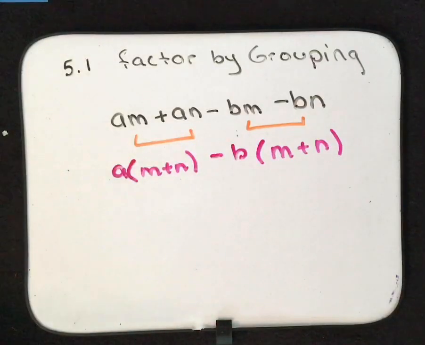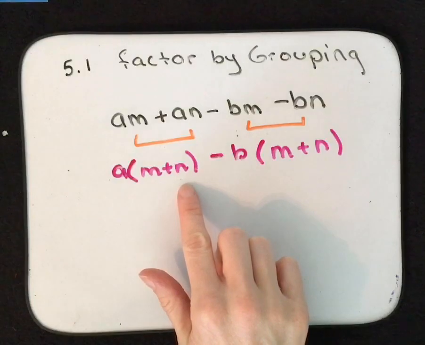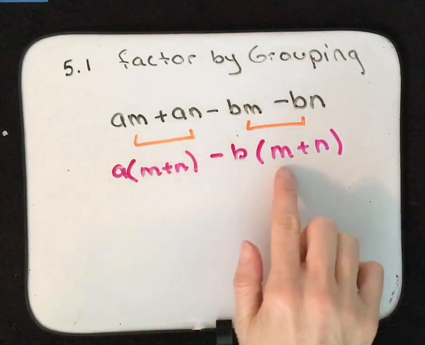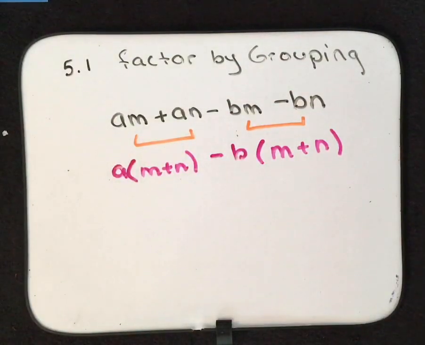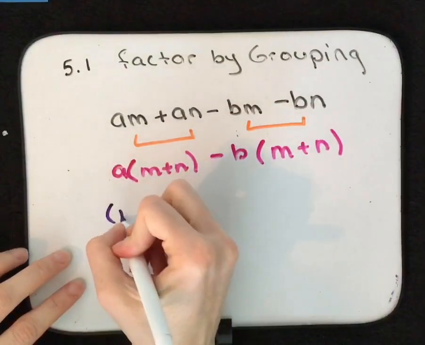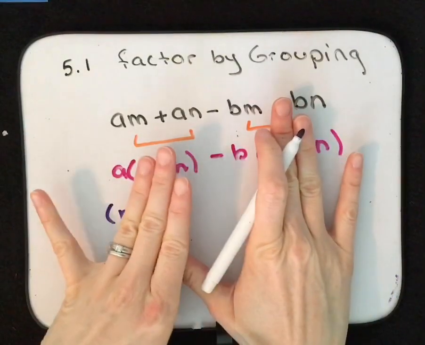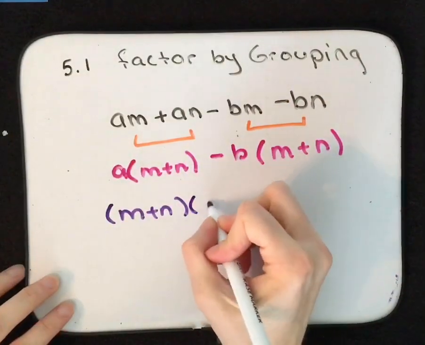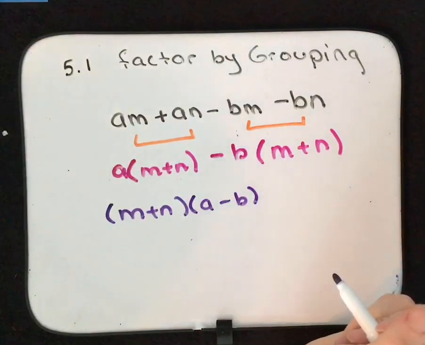So now we do the exact same thing again. What is in common between A times M plus N minus B times M plus N? That M plus N is in common between both pieces. So we pull out what's in common, in this case the M plus N, and if I take away M plus N, I'm left with A minus B. We're undoing our FOILing.